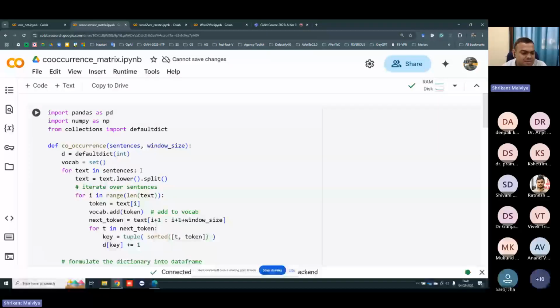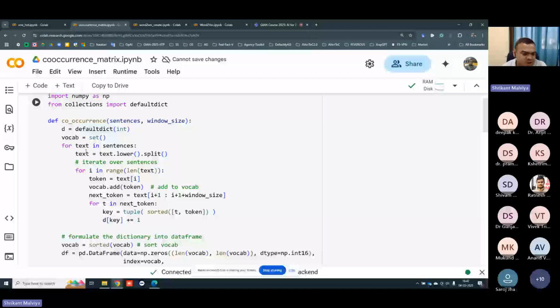This co-occurrence function will loop over all the sentences in the corpus and process each word one by one. For each word, it checks the next words as per the window size. The window size is 3, so for each word it will check the next 3 words, see the pairs, and count the pairs.